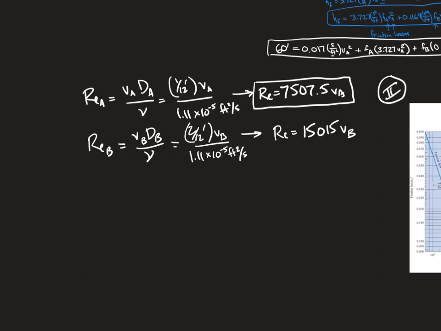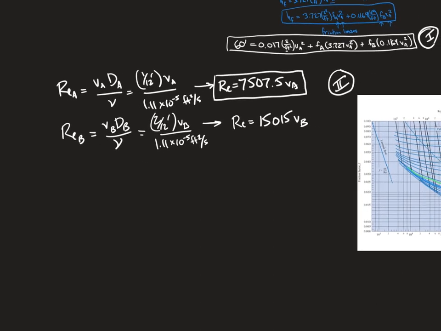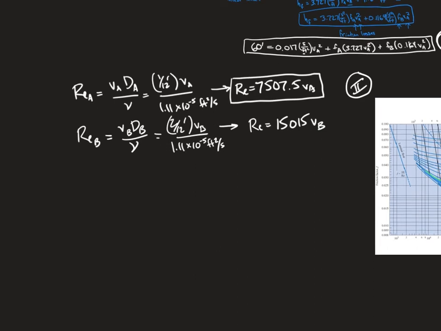Again, the significant digits on Reynolds numbers, it's not clear to me that it's necessary to go out this far. But since we're solving this whole problem in terms of VA, we'll just convert this to a VA equation, in which case the Reynolds number is 3753.8 VA.